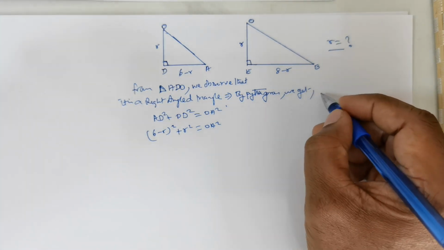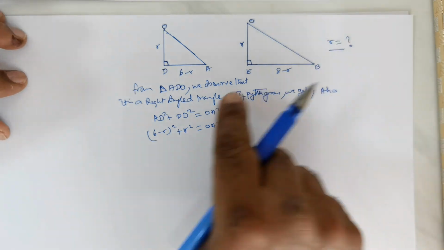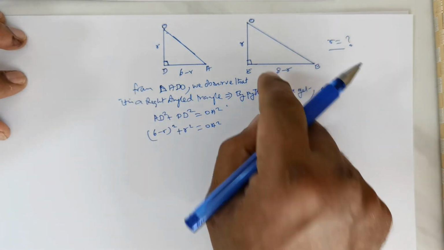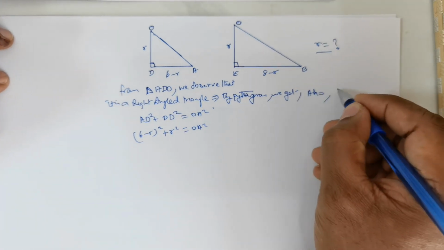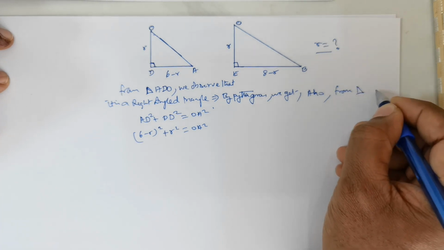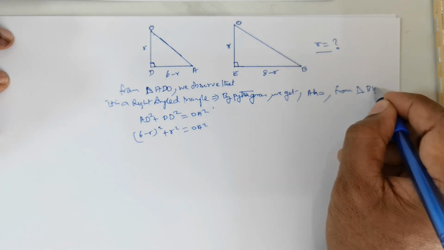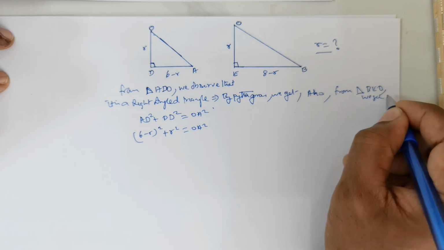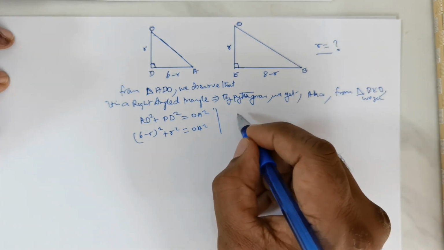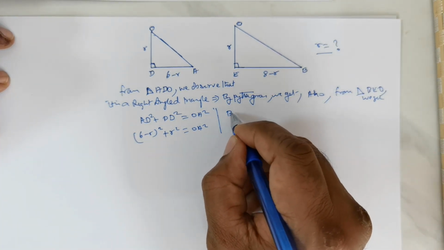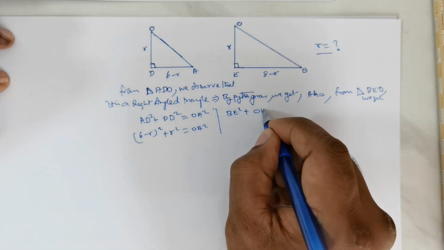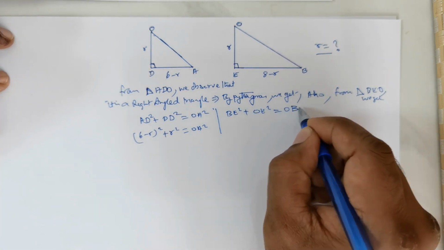So also applying the same concept from triangle BEO, we get BE squared plus OE squared is equal to OB squared.